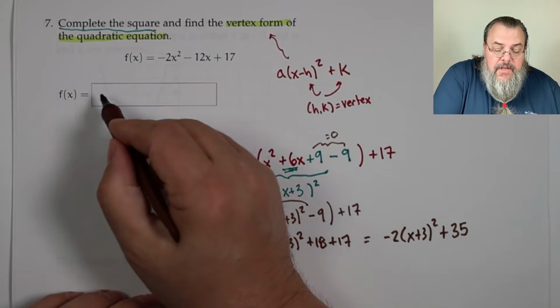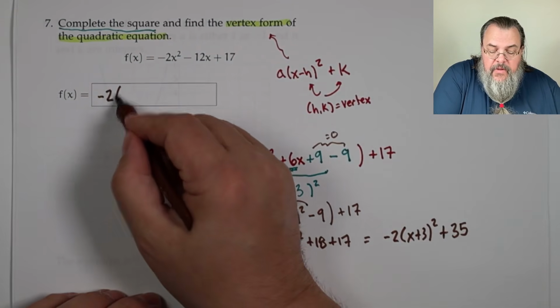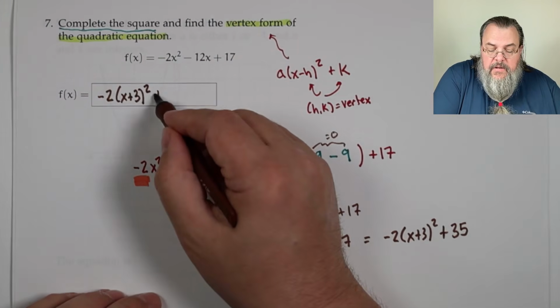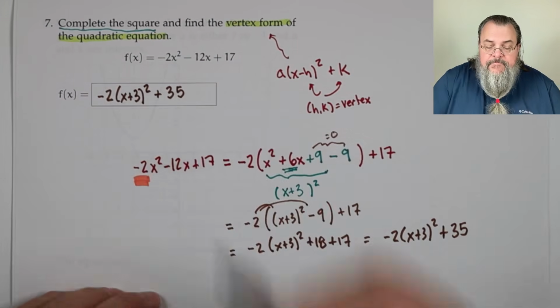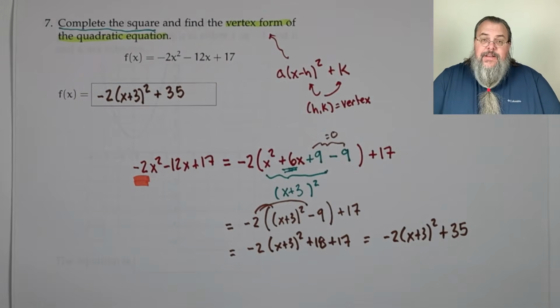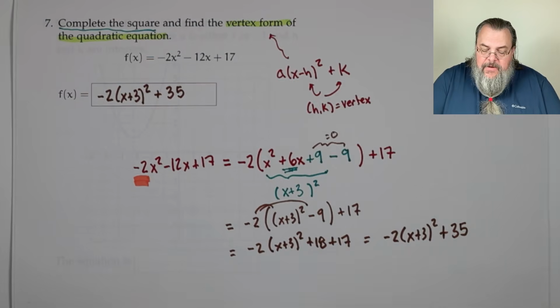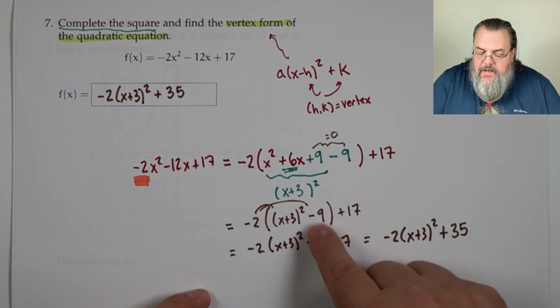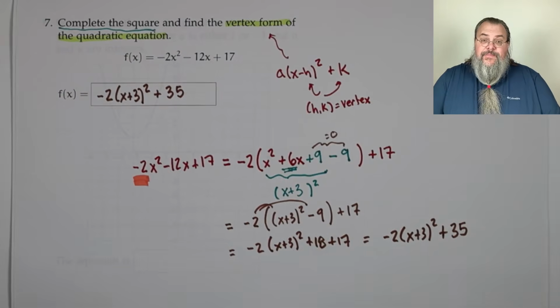So that's what we're going to put in. Minus 2 x plus 3 quantity squared plus 35. All right. Cool. And just be careful, right? Make sure you distribute and pay attention to the signs. Minus times minus makes a plus.